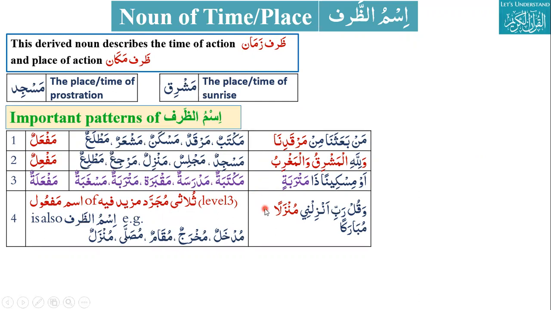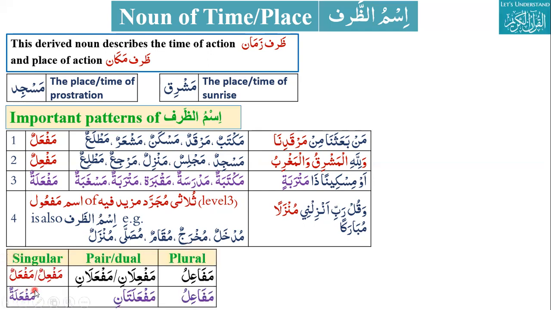Like adkhala yudkhilu idkhal, mudkhil, mudkhal. Mudkhal is also ismul maf'ul, so it's also ism zarf. Similarly akhraja yukhriju, ikhraj, mukhrij, mukhraj. Mukhraj is ismul maf'ul, and it can also be treated as ismul zarf, depending upon the situation in the sentence.